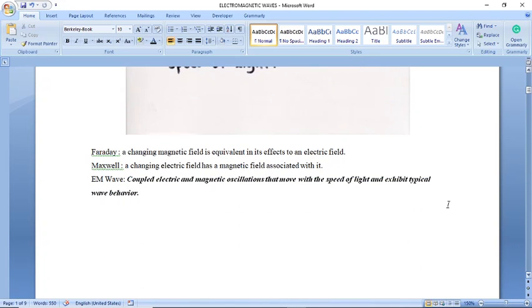And we can start from Faraday. Faraday proposed that a changing magnetic field is equivalent in its effects to an electric field. And later, Maxwell proposed that a changing electric field is also associated with a magnetic field.